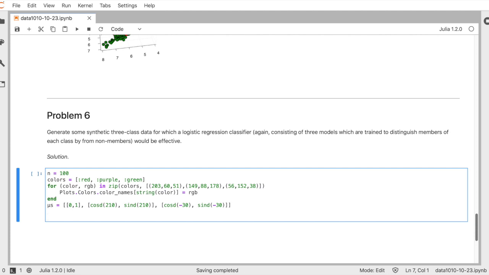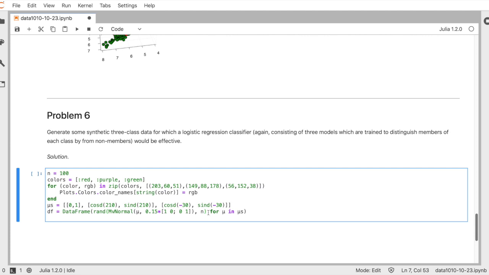And then what we want to do is just make a data frame that contains all of these points. So we'll start making a data frame that samples from this multivariate normal distribution. And then it needs to do that for each mu in the list of mean values.